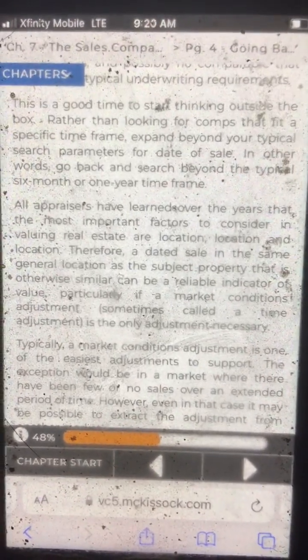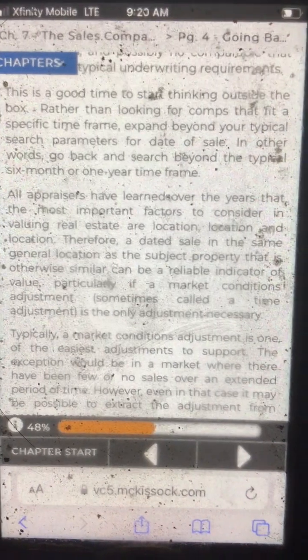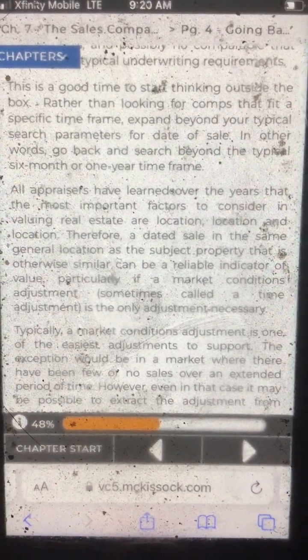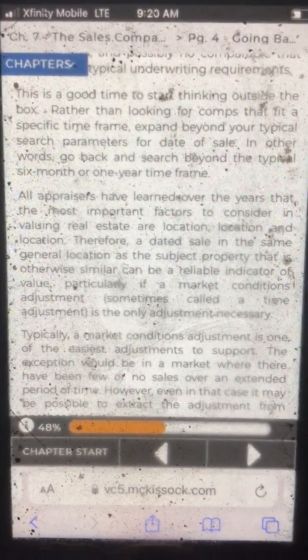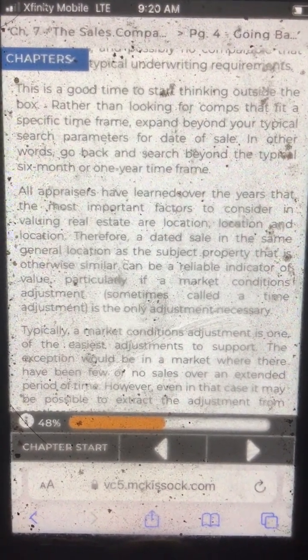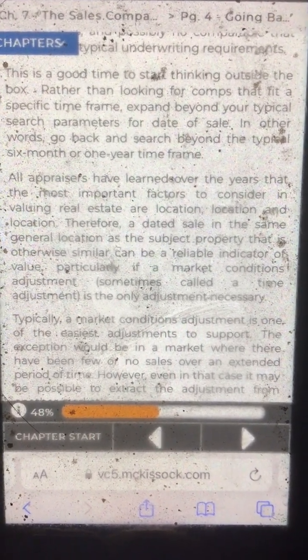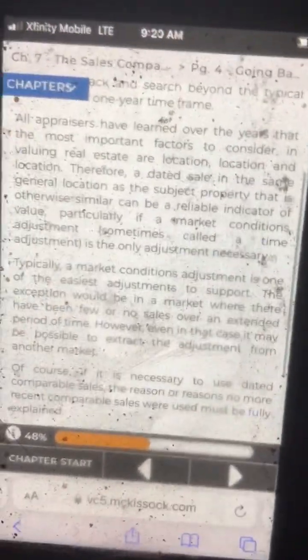This is a good time to start thinking outside the box rather than looking for comps that fit a specific time frame. Expand beyond your typical search parameters for date of sale. In other words, go back and search beyond the typical 6-month or 1-year time frame.